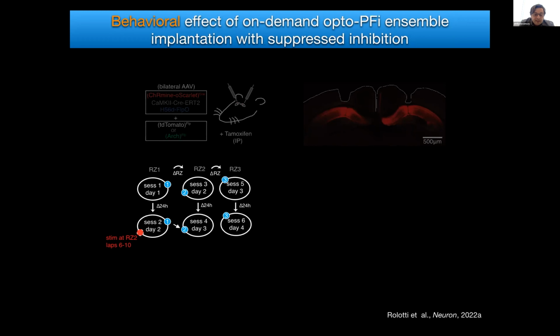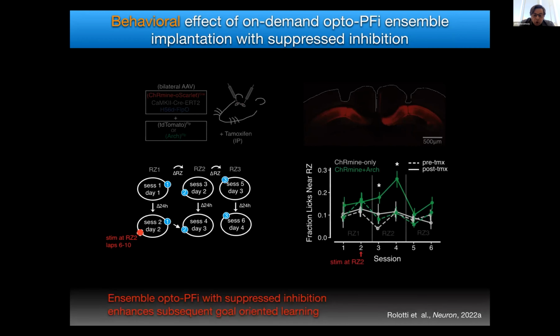Briefly, what we found is that across various learning conditions and controls, only those animals that had enhanced pyramidal cell stimulation together with optogenetic suppression of inhibition during the opto-PFI showed faster learning and increased anticipatory clicking rate near the reward zone, which indicates enhanced learning performance.